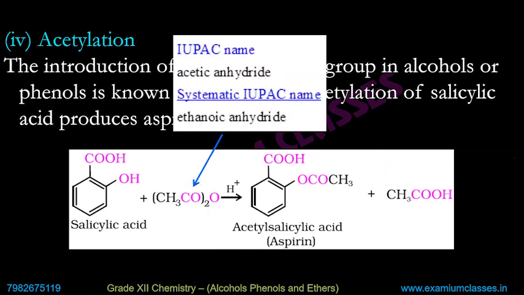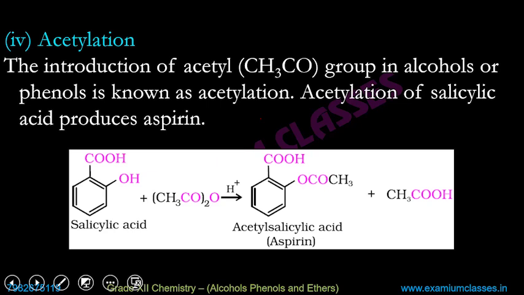Now, if I talk about the IUPAC name, acetic anhydride is the common name, but the IUPAC name in this particular case is ethanoic anhydride. Why am I saying acetic anhydride? Because there are two carbons. Otherwise, it is the common acid anhydride. So I'm mentioning it again so that there is no confusion. When I am saying acyl, this is generic, meaning it is RCO.